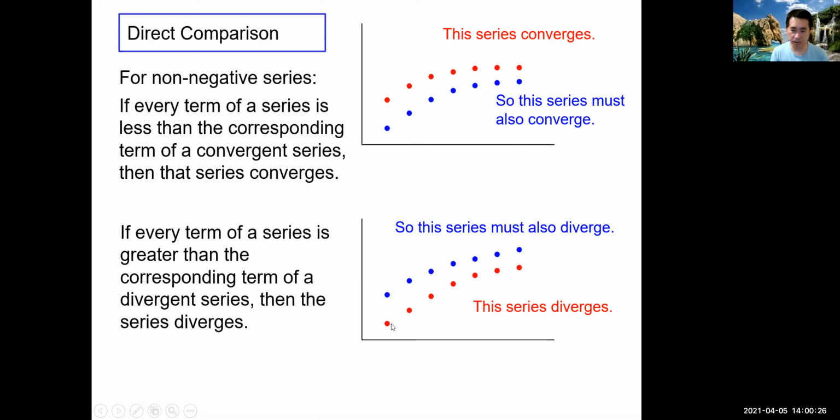The reason is that if the red series diverges, the sum of all its terms approaches infinity. Then the sum of the larger series must be larger, so it approaches infinity as well, and so it diverges.